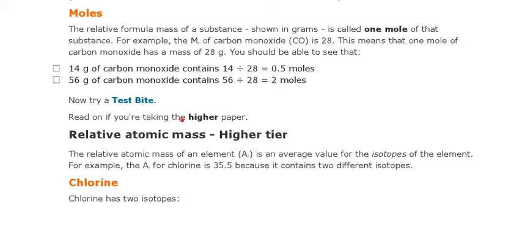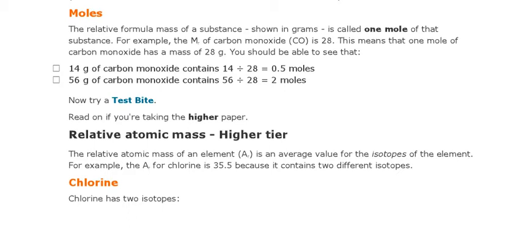If you are representing the relative molecular mass or the formula mass in gram, then for that particular substance, it can be represented by 1 mole.